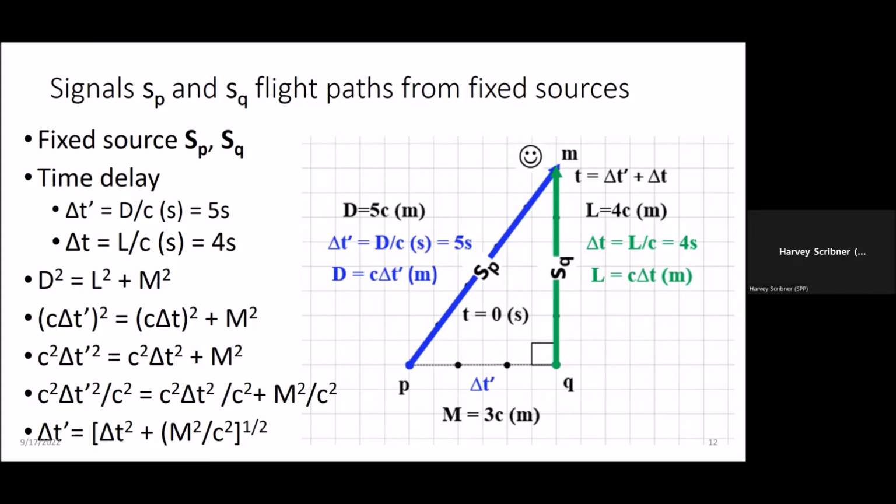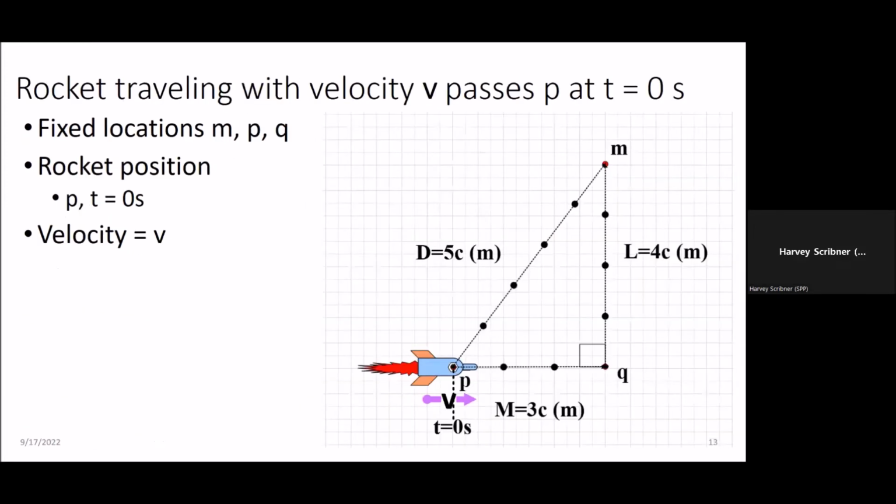However, there's a reason why I picked this configuration. If we're going to look at another physical situation, we're using the same geometry. What we're going to do is have a rocket moving at velocity v, and at time t equals 0 it just happens to coincide with position p.